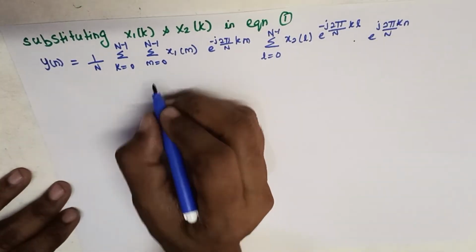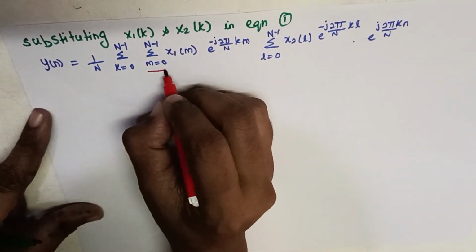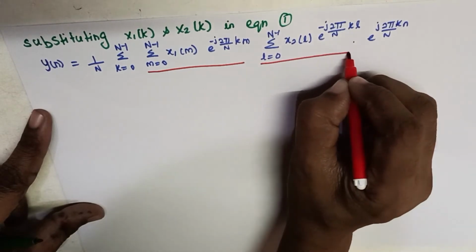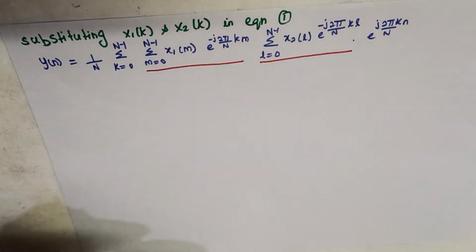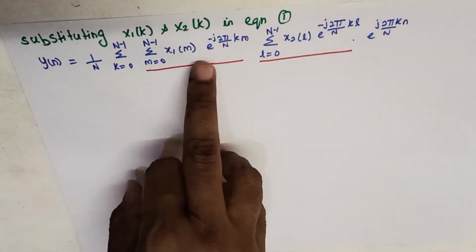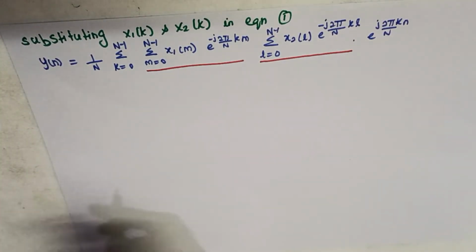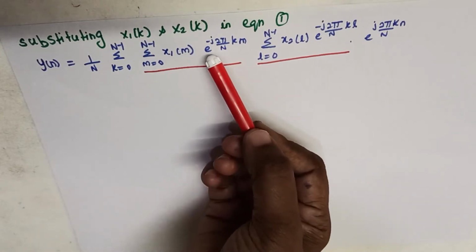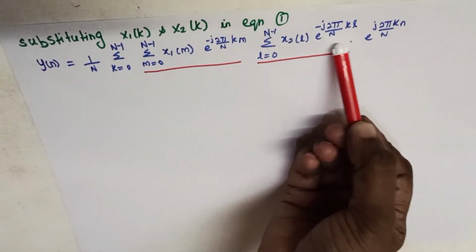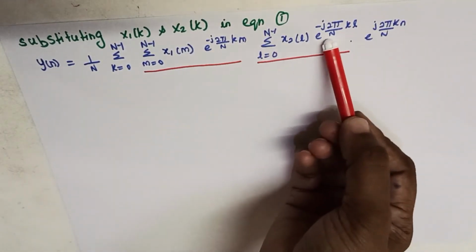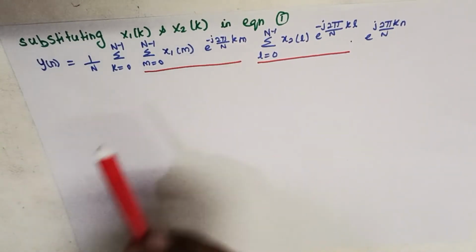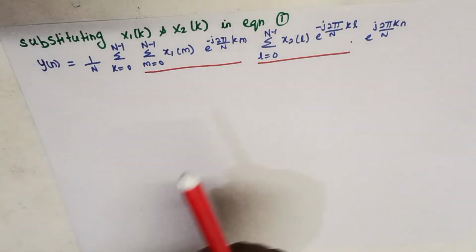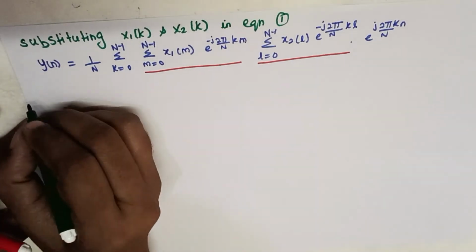Okay, we have substituted x1 of k and x2 of k in equation 1. Now after this, if you observe the terms inside this, we can say that 3 exponential terms are there, and in all the 3 exponential terms, e power j 2 pi by n is common. So slightly we can rearrange the order of summation.